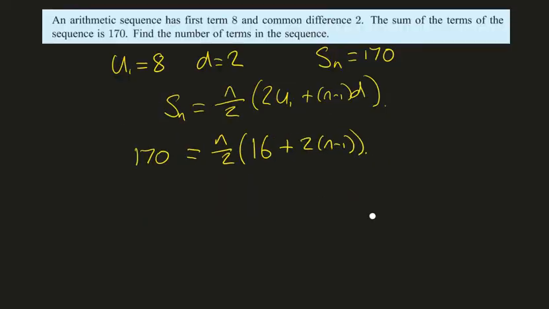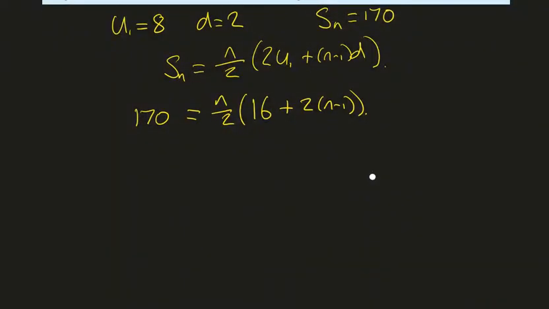Right, so all we've got to do now really is solve this equation. So we'll times both sides by 2, 340 on the left. That's going to get rid of the divide by 2. And then we will have n, and if we think about this, we're going to have a minus 2 and a 16, so a 2n and a 14.